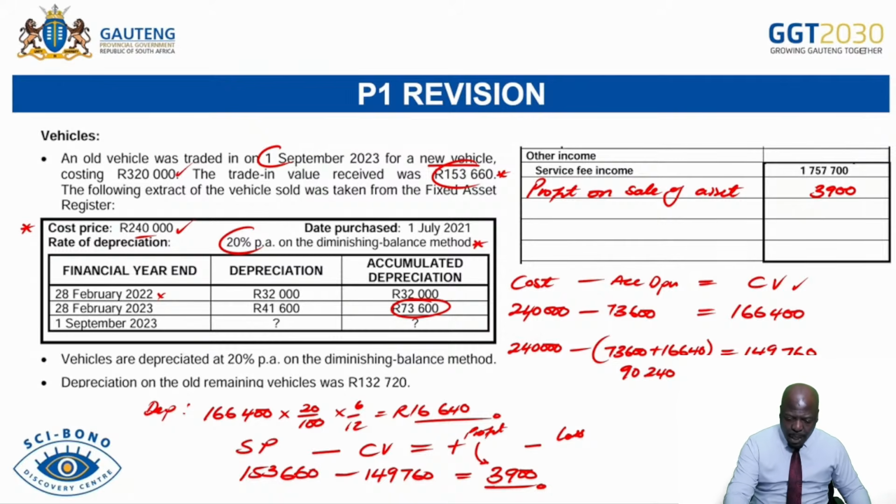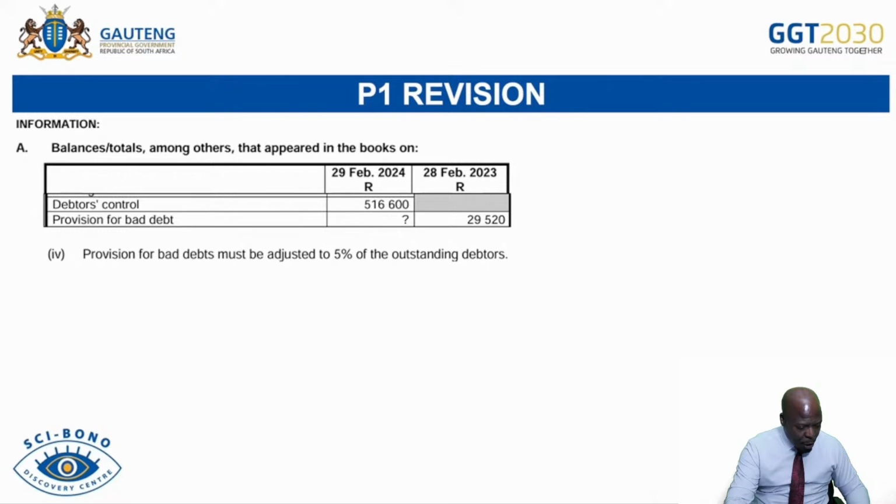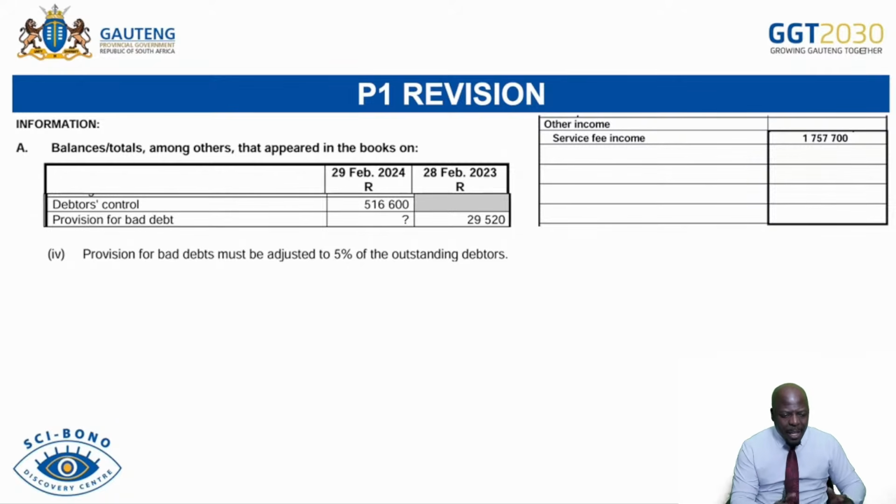Okay, so let's quickly go. Provision for bad debts adjustment. If we are given the provision for bad debts adjustment, here we were given a percentage. But the examiner can play around with this one. The examiner can start with an invoice that was not recorded, and you have to record that particular invoice, or debtors allowances, you have to record those.